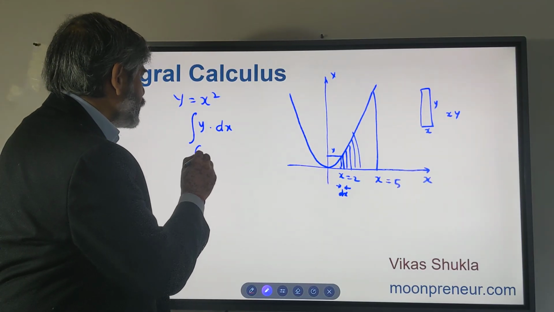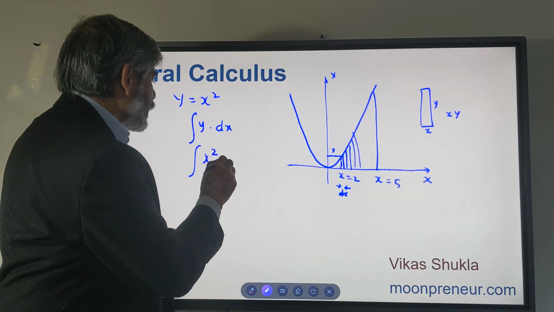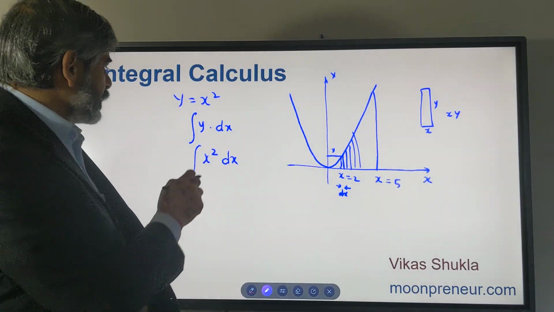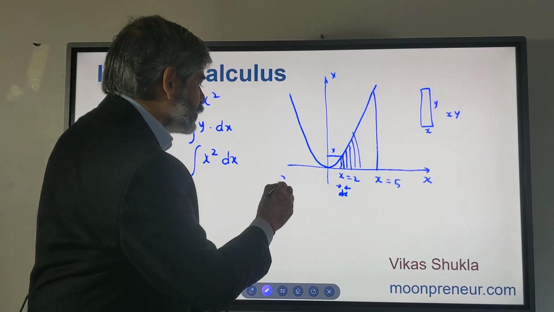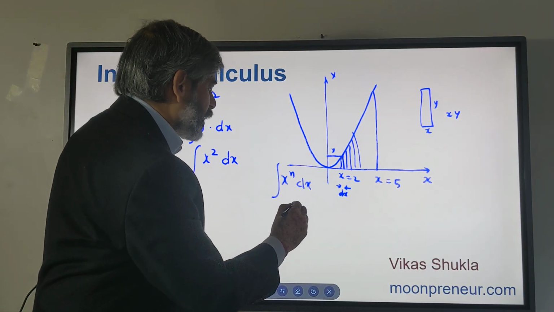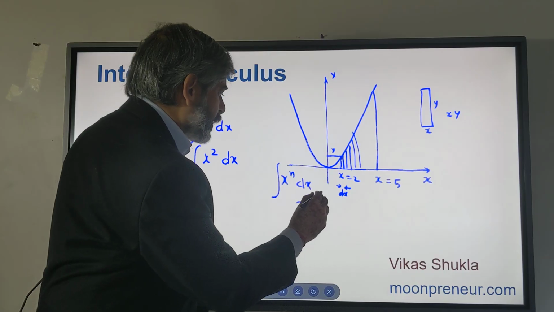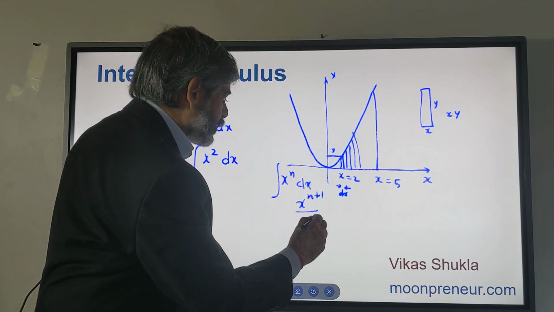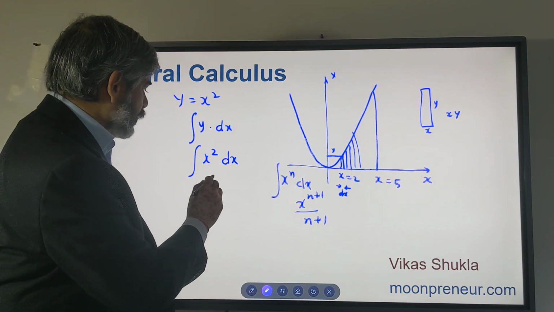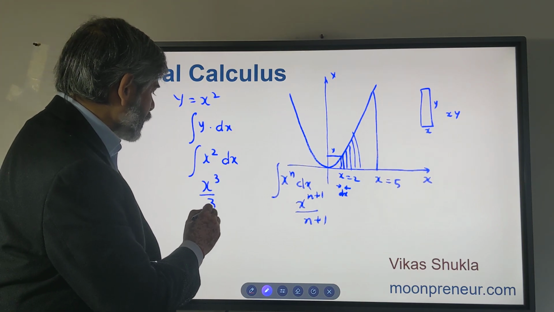Now here y is equal to x squared, and there is a standard formula for the integration of x squared. x to the power n, when integrated, gives x to the power n plus 1 divided by n plus 1. We apply this formula, so we get x cubed divided by 3.